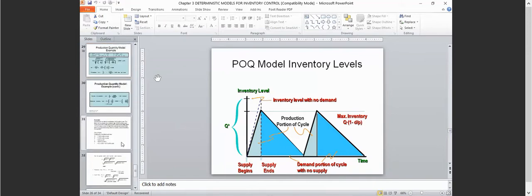So this production order quantity is very useful to determine the lot size in the just-in-time implementation.